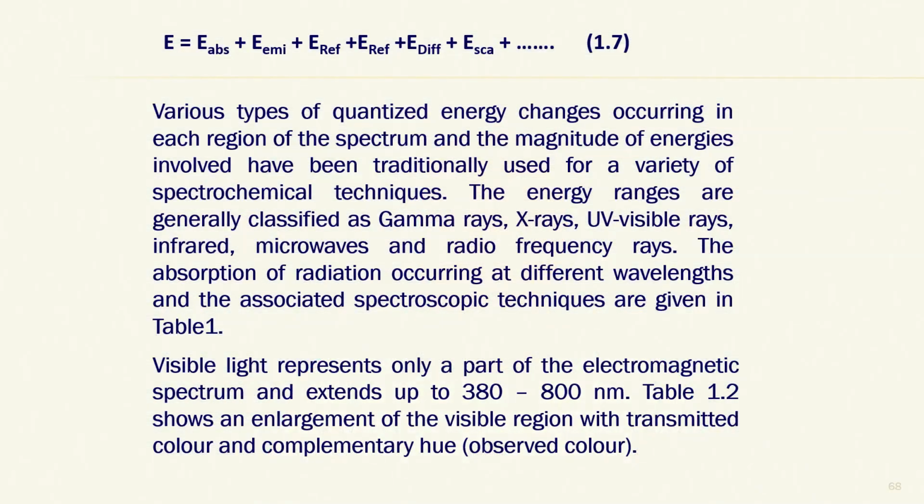So, various types of quantized energy changes occur in each region of the spectrum, and the magnitude of energies involved have been traditionally used for a variety of spectrochemical techniques. These energy changes are generally classified into different waves, and they also have different wavelengths and different frequencies.